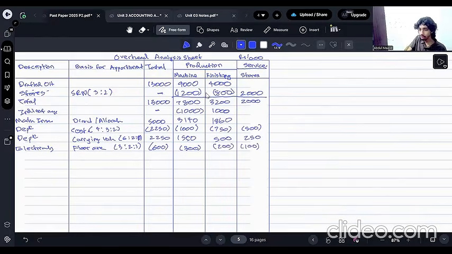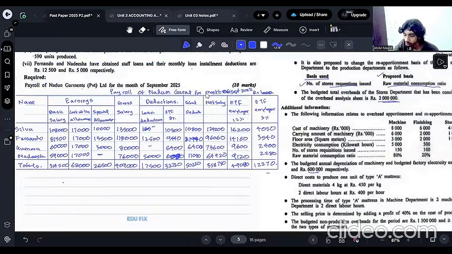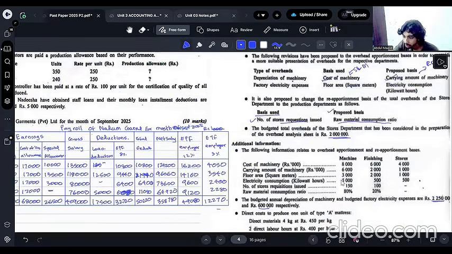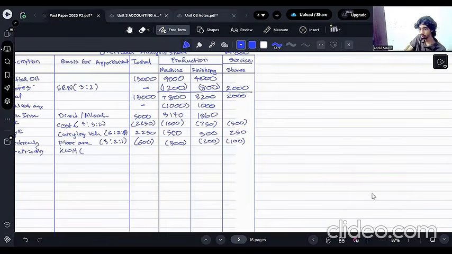Now you can record the electricity based on the proposed method, that is based on the kilowatt hours. Based on the kilowatt hours, the ratio is 10 is to 1 is to 1. So 600 you are going to record again. 600 divided by total ratio 12, into 10, 500, and here 50 and 50.